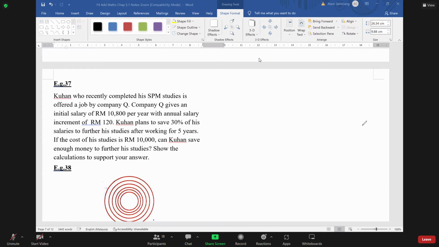Okay, so that means initial A is what? 10,800, right? So every year increase 120. Yeah. So now you want to find 5 years, right? So that means S5. You want to add up all the total amount.